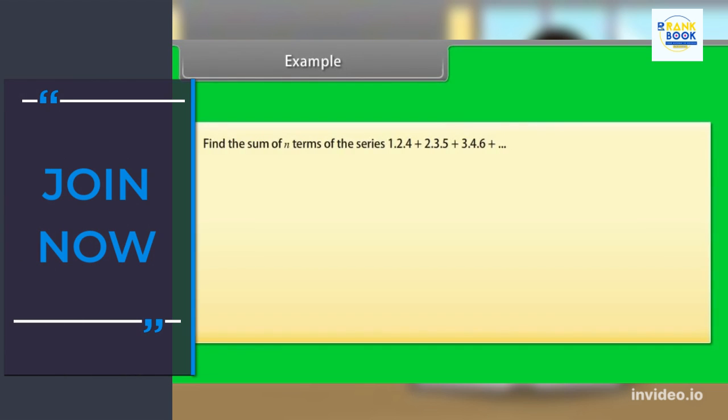Example. Find the sum of n terms of the series. Solution. The rth term of the series is equal to.